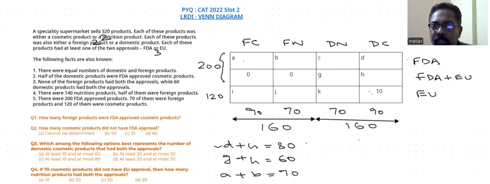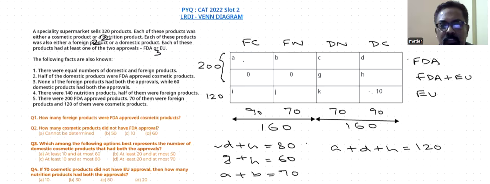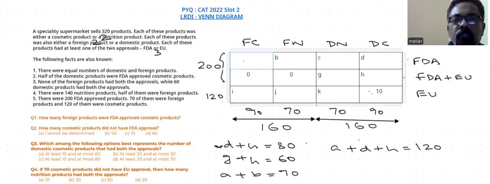That A plus D plus H equals 120. Now, again, we can use D plus H is 80. D plus H is 80, A plus D plus H is 120. So we can conclude now that A will be 40.